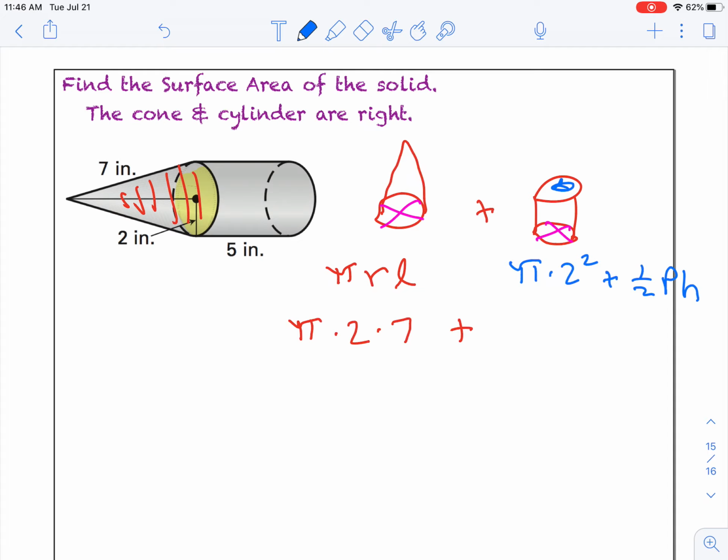Oh, I didn't fill in the perimeter, so we'll go ahead and do that. Pi times 4 times 1/2, and the perimeter, remember, is the circumference, so it is 2 pi times my radius again, times the height, which is 5.